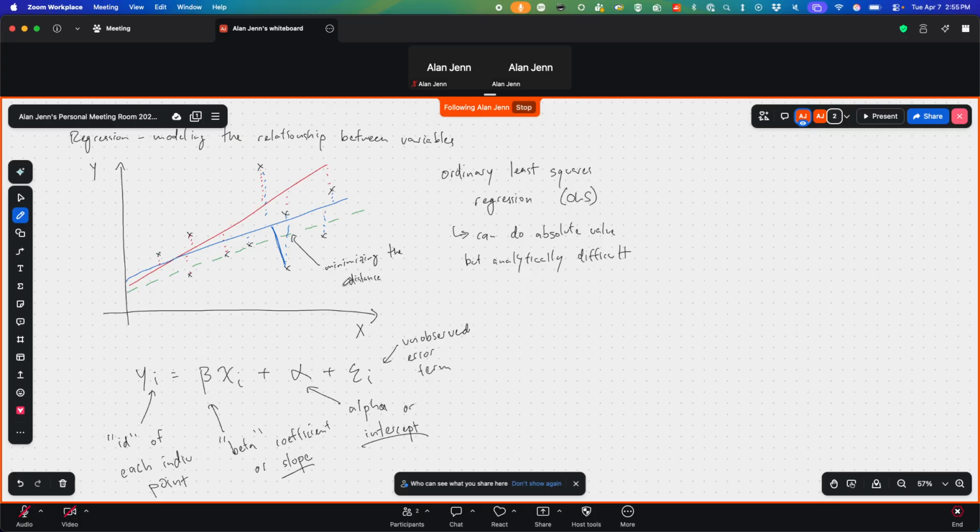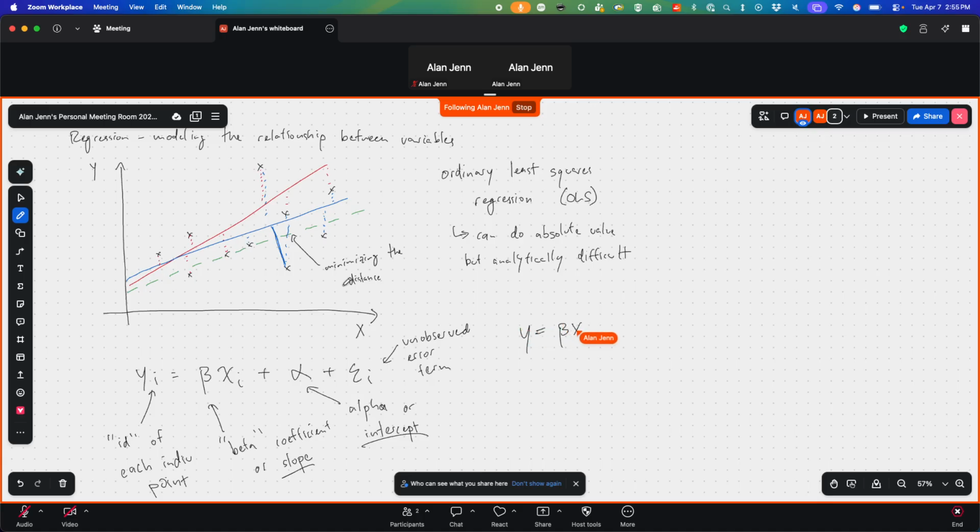To be extra clear, there are different variations of this equation that you might see, and I want to be as clear as possible about the nuances and differences between these. So I'm going to write out a couple more equations.